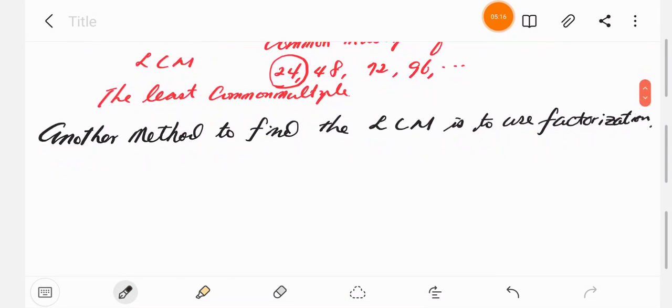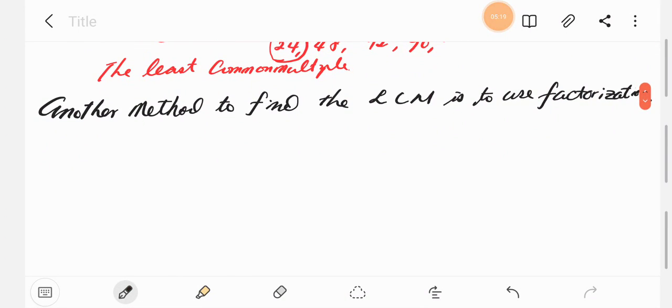Let's try another method of finding the LCM using prime factorization. Let's find the LCM of 6 and 8. 6 is a product of 2 and 3, so 6 can be written as 2 times 3.